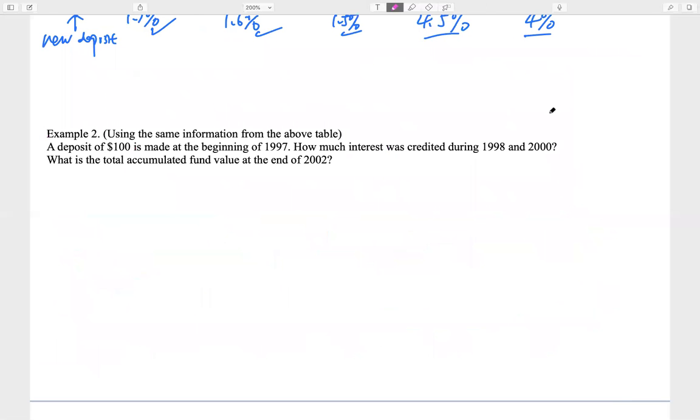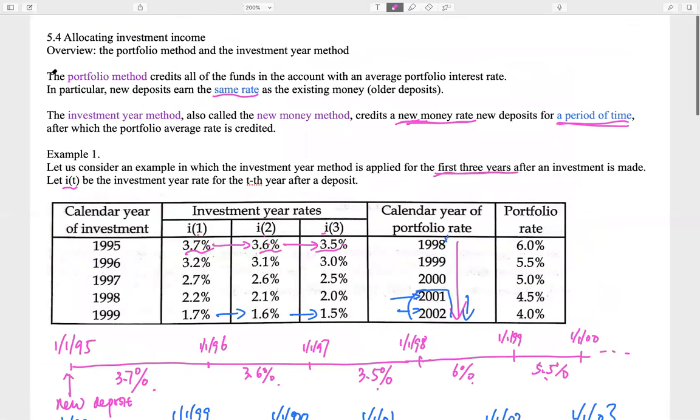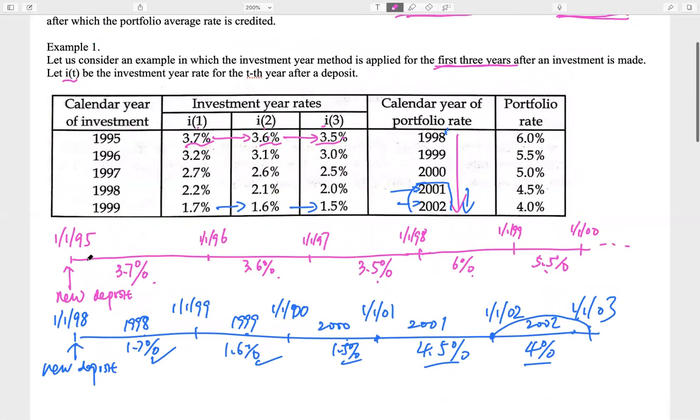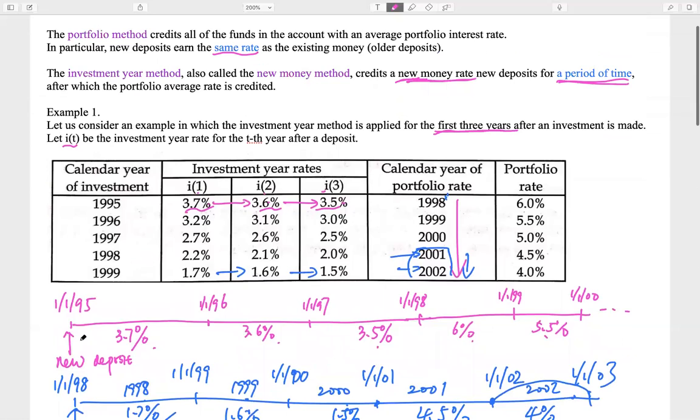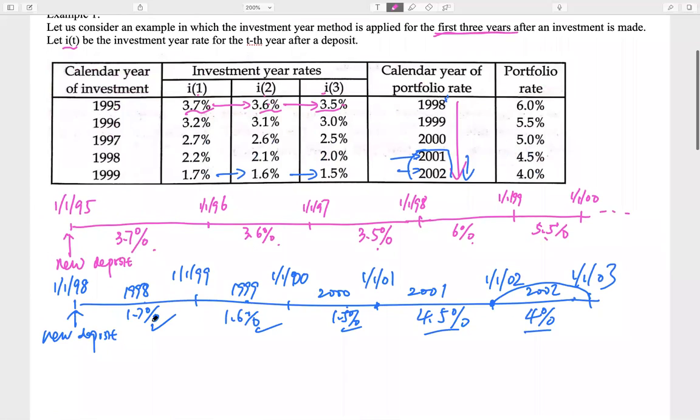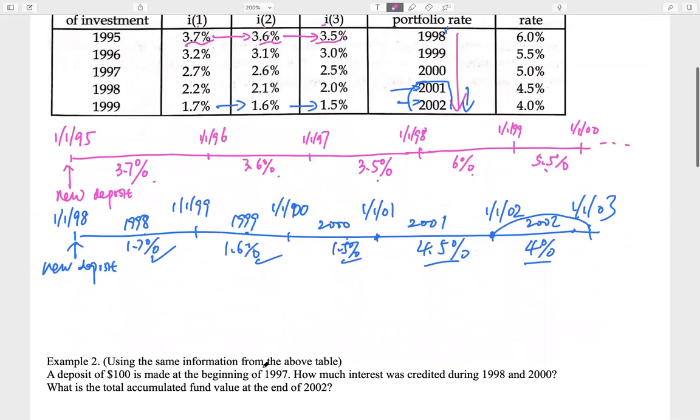So now let's look at how we actually calculate interest rate. Okay, of course, if you apply the portfolio method, well, I can't study this because I don't know the interest rate for 1995 for the average. But for this, if you apply the portfolio method, you don't start with 1.7, right? You start with 6%, right? So this is investment year.